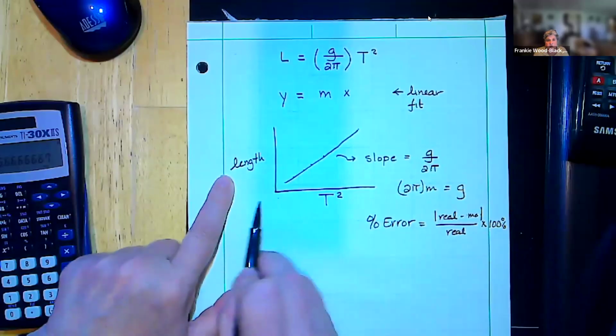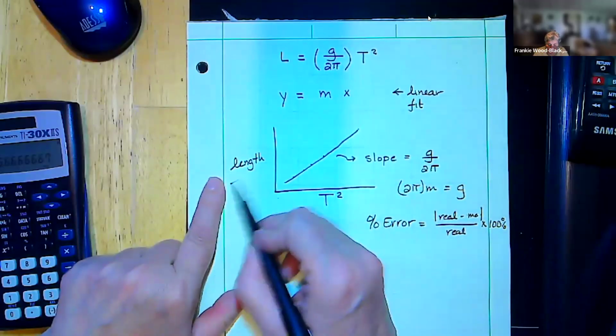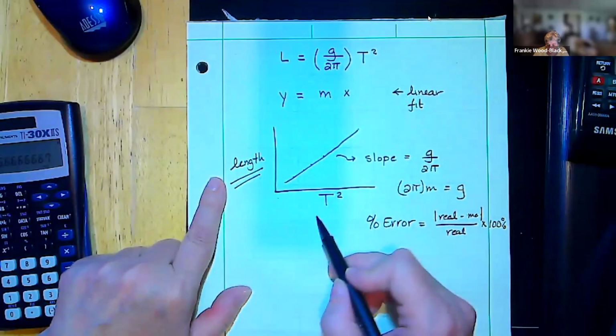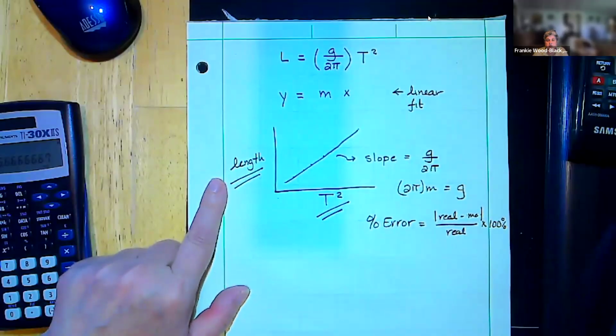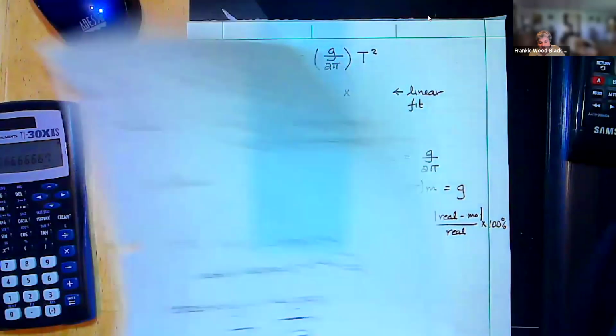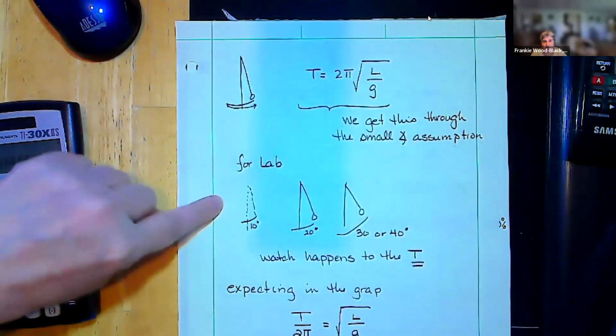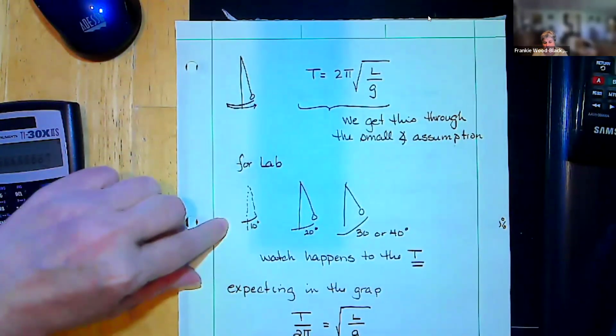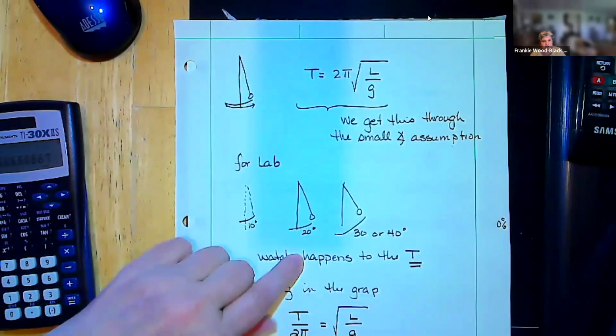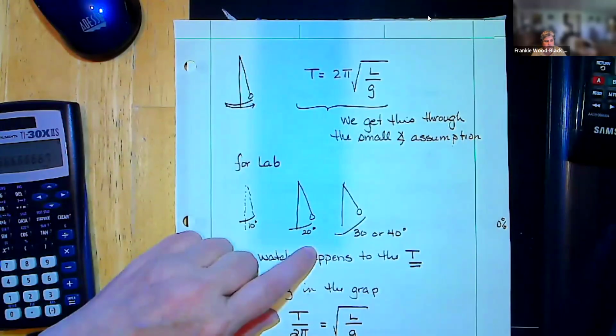Make sure you're graphing this with the length on the y and your period squared on the x. Use your units to figure out whether or not you're doing it correctly. But I'm also looking for, which is different than what we did last semester, I'm looking for you to look at the small angle assumption for your pendulum.